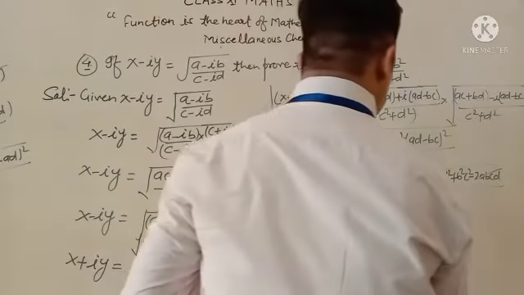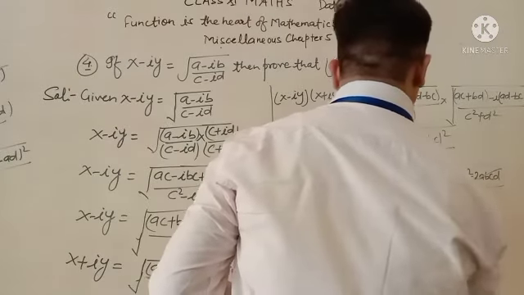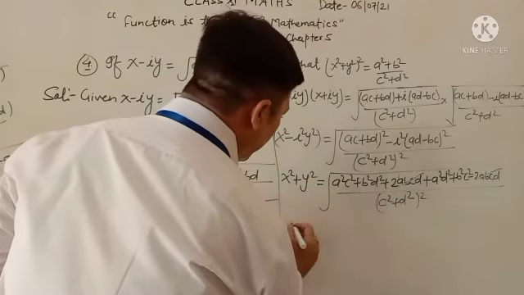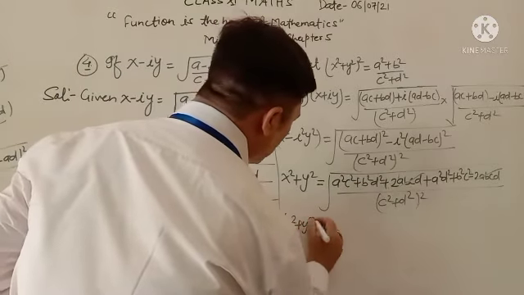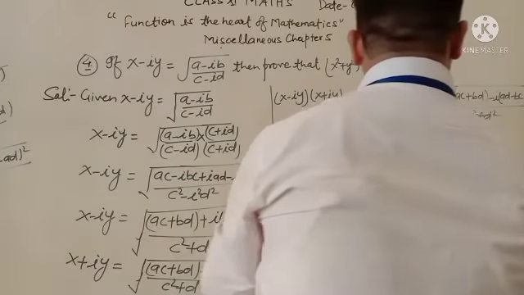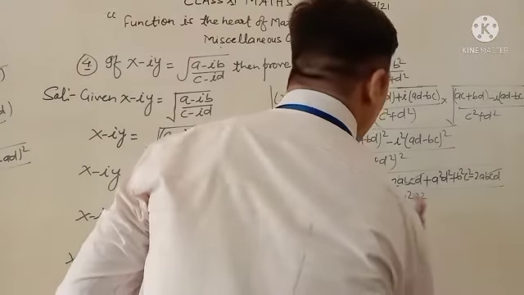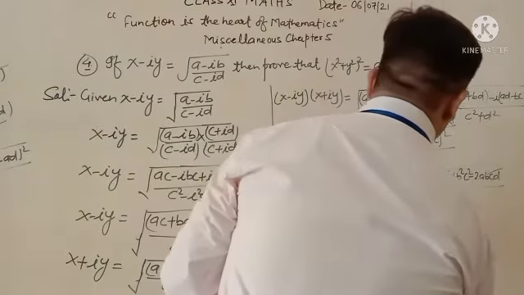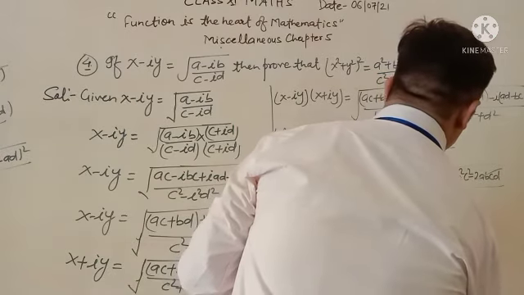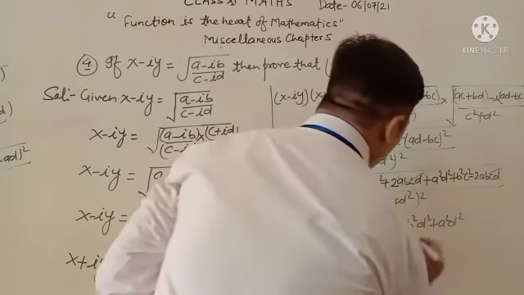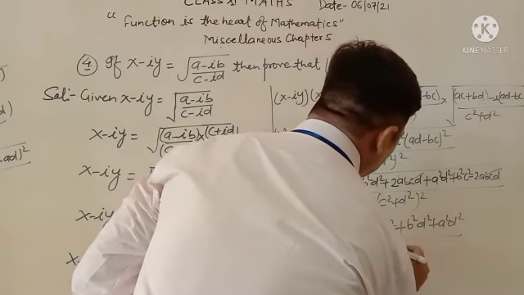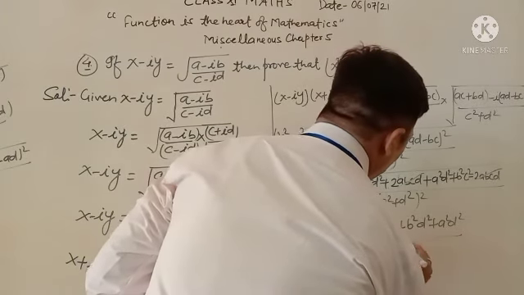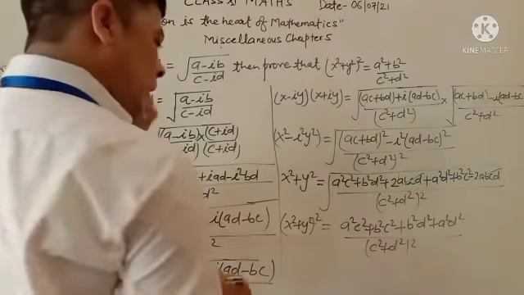This one cancels out. Now squaring both sides, you will get (x square plus y square) whole square. Now taking out, a square c square plus a square d square plus b square c square plus b square d square upon (c square plus d square) whole square.